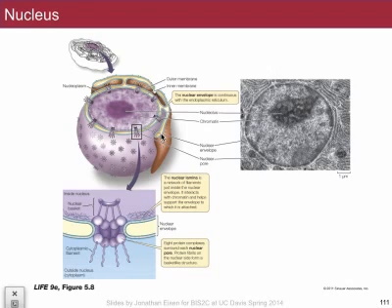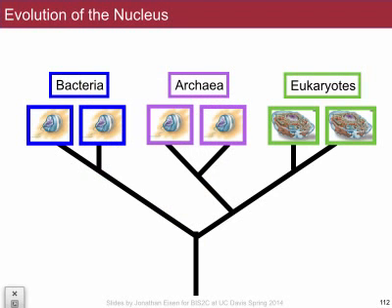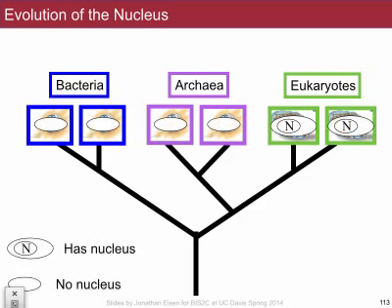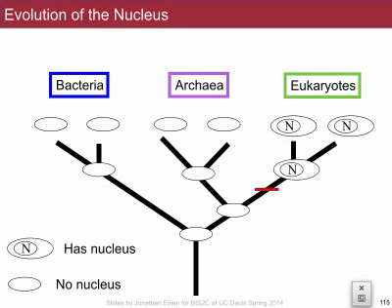And if we now look at the nucleus as a trait and overlay it onto the tree, gotta get rid of my little clicker thing. What we would infer is that the origin of the nucleus happened sometime on the branch leading up to the common ancestor of eukaryotes.